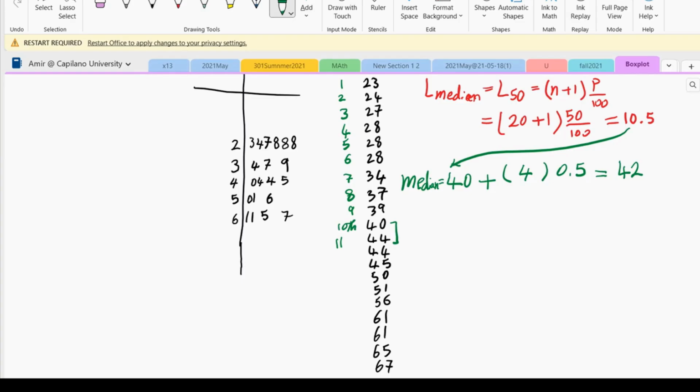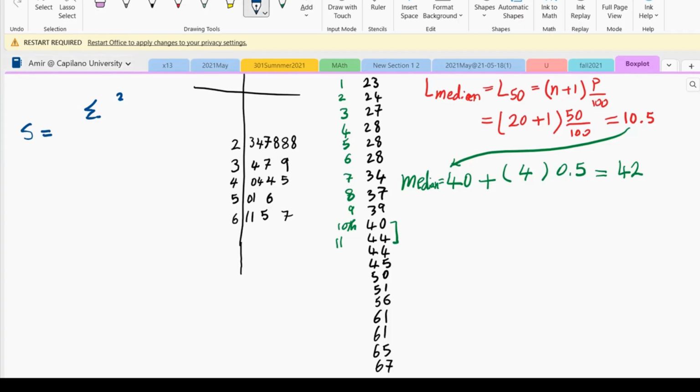The next step is to describe the dispersion around that central tendency. And to find the dispersion around the median, notice that we cannot use the standard deviation because standard deviation, as you remember, I wrote in a different color, was calculated by finding the sum of squared deviations, and these deviations are in fact deviations from the mean.